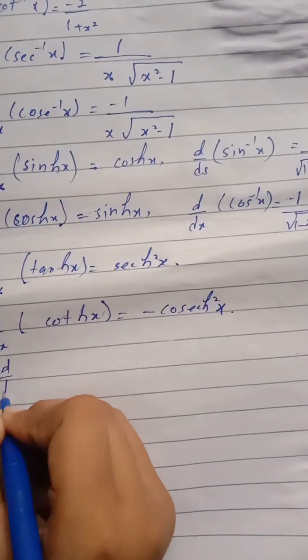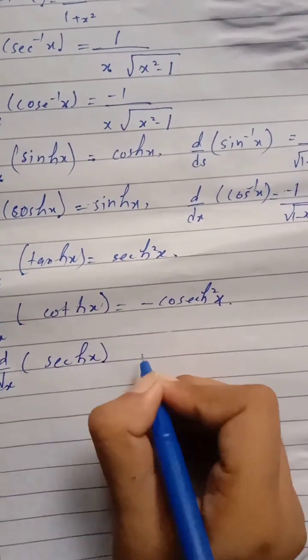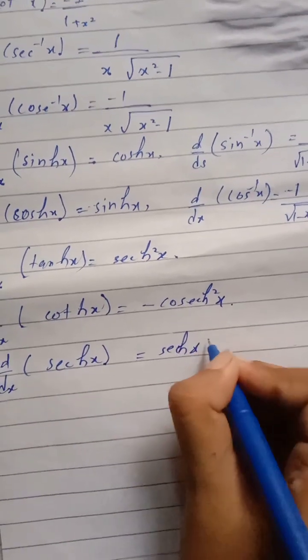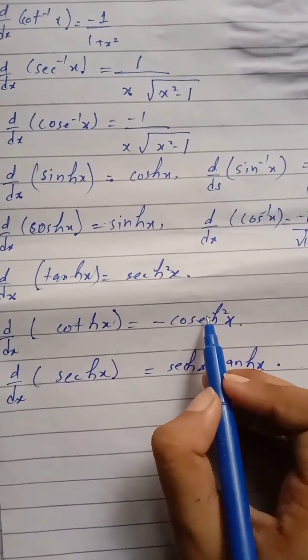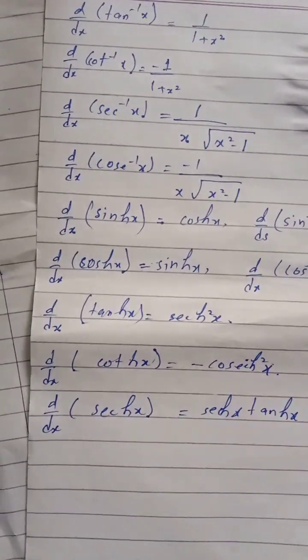And the derivative of secant hyperbolic x is minus secant hyperbolic x times tan hyperbolic x. If you write square before hyperbolic, then this would be wrong. So keep practicing.